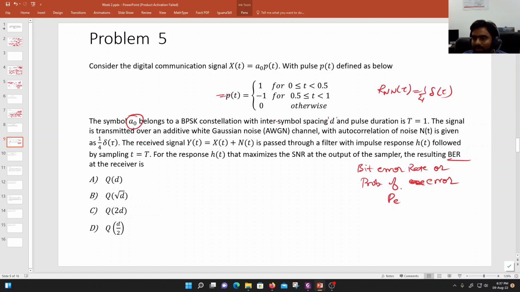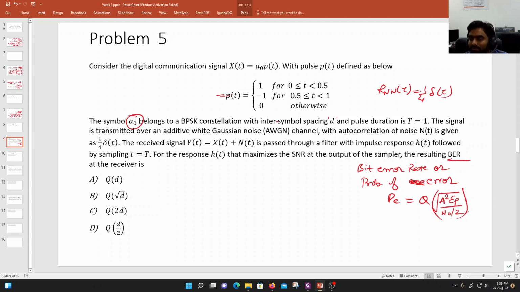Probability of error, from the video lectures you remember, or should I write? Q of A EP upon square root of variance, A square EP divided by N naught by 2. Do we have to remember the formulas in the examination, sir?